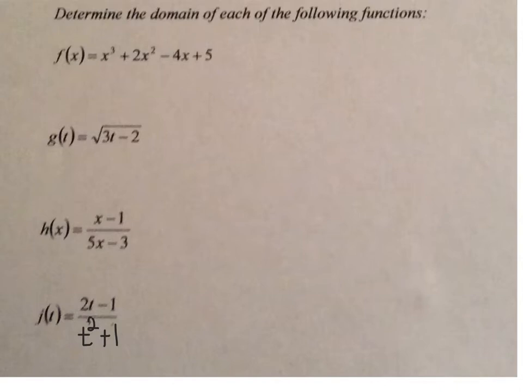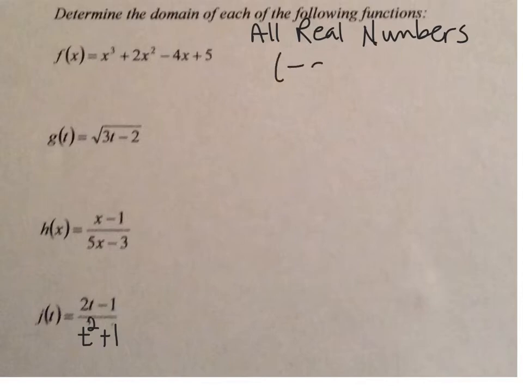If we look at this first one, f of x equals x cubed plus 2x squared minus 4x plus 5, I don't see any denominators. I don't see any radicals. So this domain is all real numbers. I can represent that in interval notation by saying I can go from -infinity all the way to +infinity.